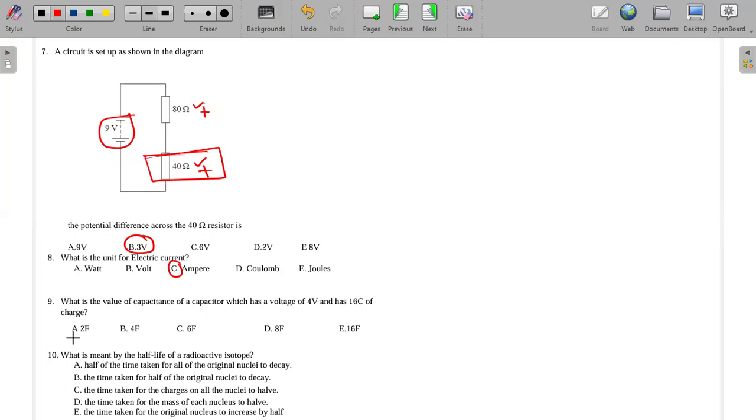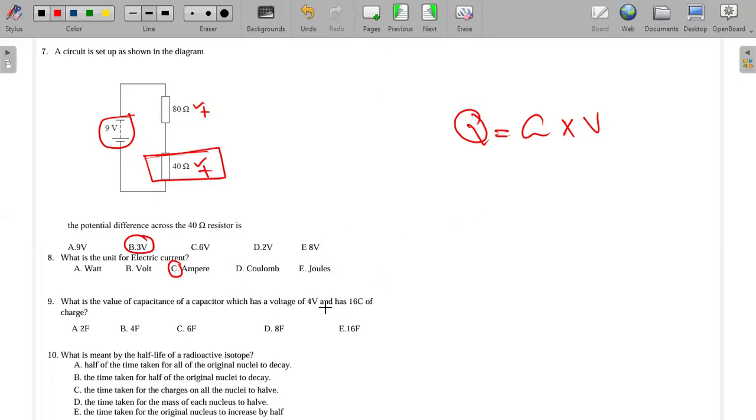Using the principles of capacitance, if we want to find the charge on a capacitor, Q is equal to capacitance multiplied by voltage. Sorry, this C is capacitance; when I see C, I'm used to saying current. So charge is equal to capacitance multiplied by voltage. This is the formula that we use.